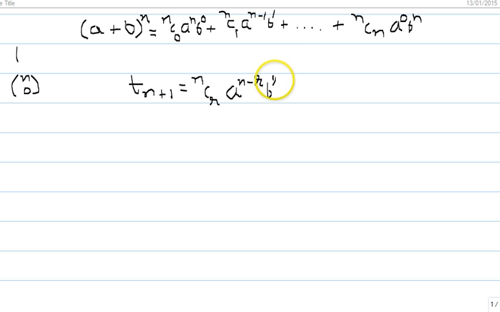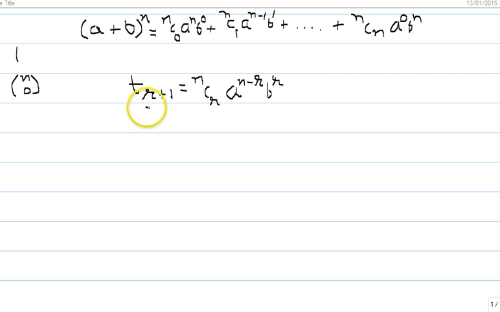So power will be r. The value of the subscript here is 1 less than the term we have to find out. We don't generally write T(n+1). What we do is we write it as T(r+1).